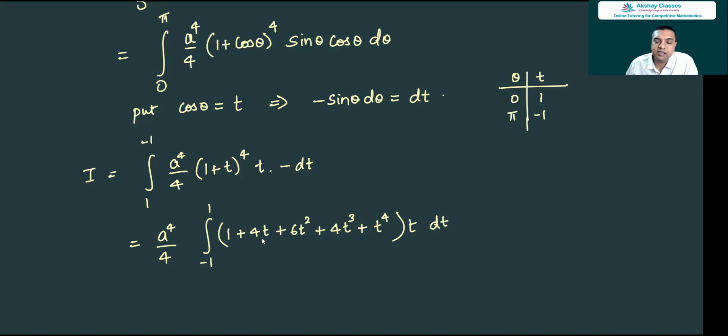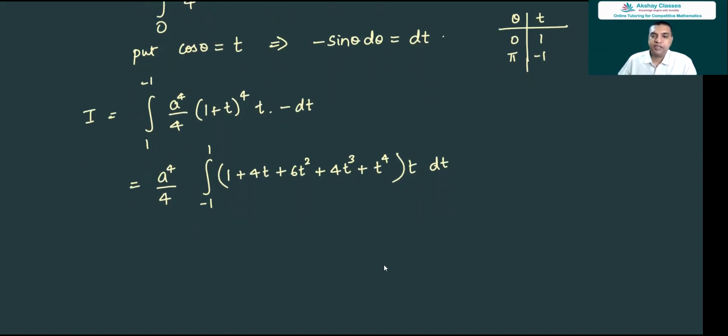How did I get this? This is just the binomial expansion. 1, 4, 6, 4, 1 are the binomial coefficients, and I just did the binomial expansion.